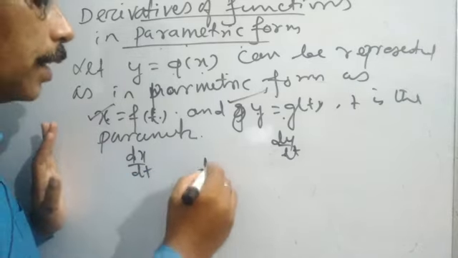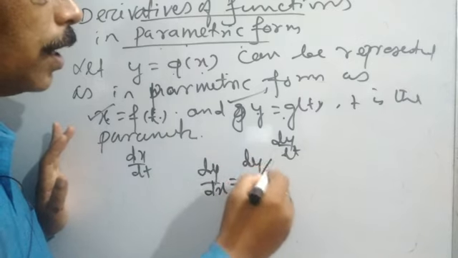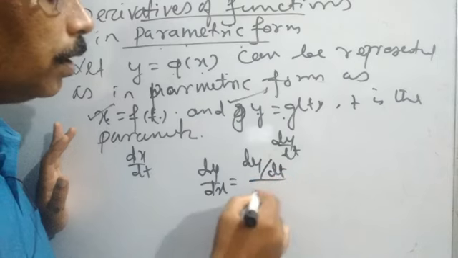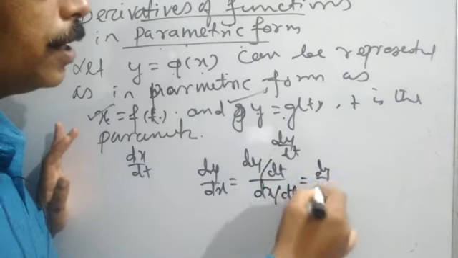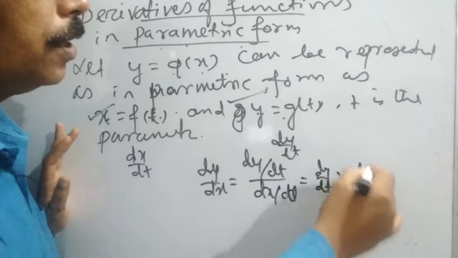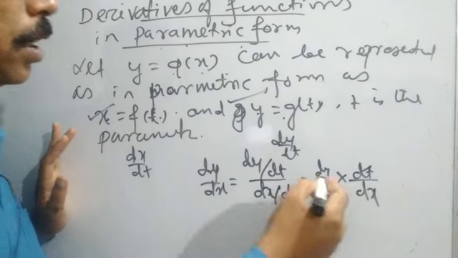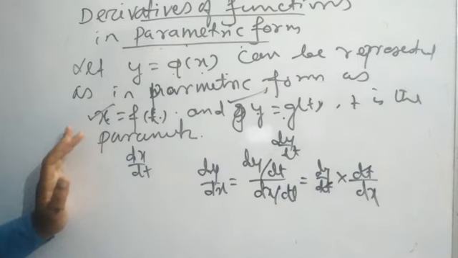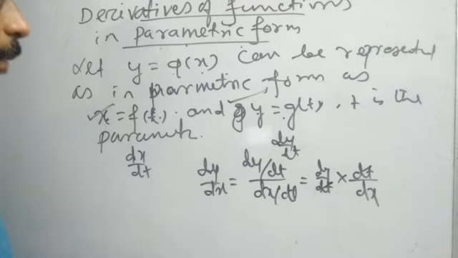So I can write easily dy by dx is equal to dy by dt divided by dx by dt, and it will be dy by dt into dt by dx, dt cancels, and easily you will get the value of dy by dx.